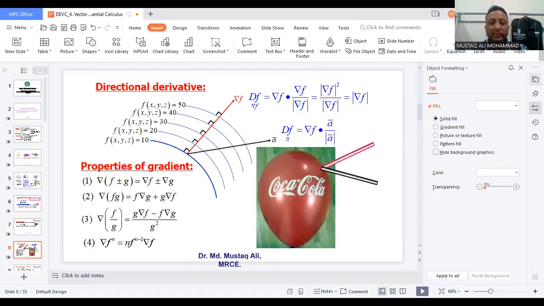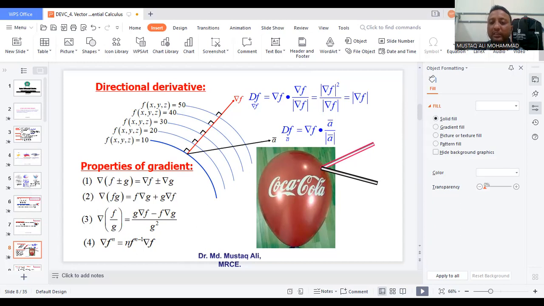Next, here you can see what the directional derivative is, and in which direction we can get the maximum value. Here you can see a balloon with a line: the red straw indicates the normal vector, and the black straw indicates the given direction.